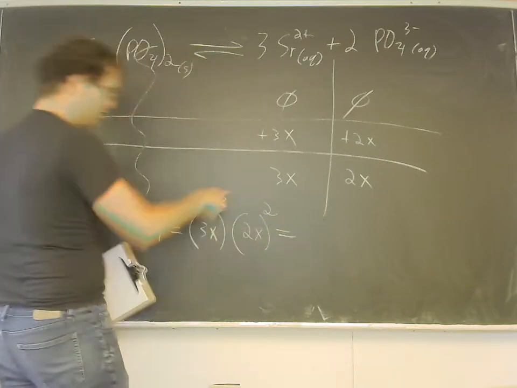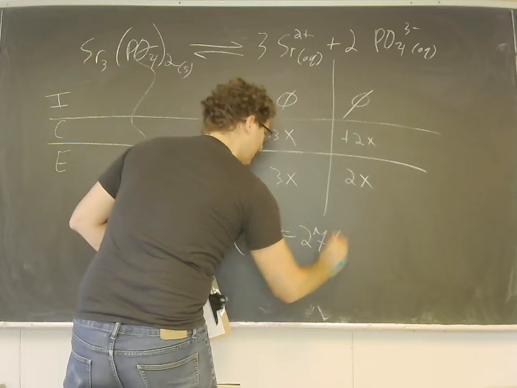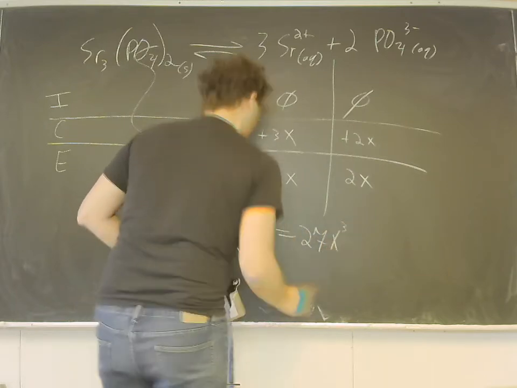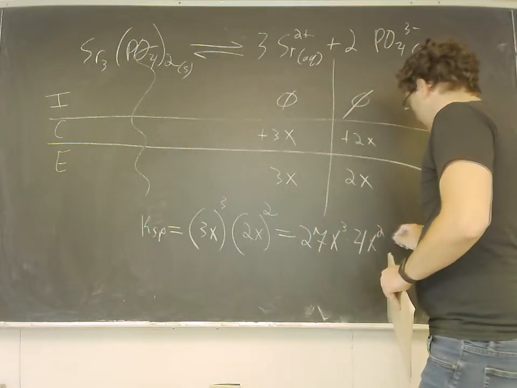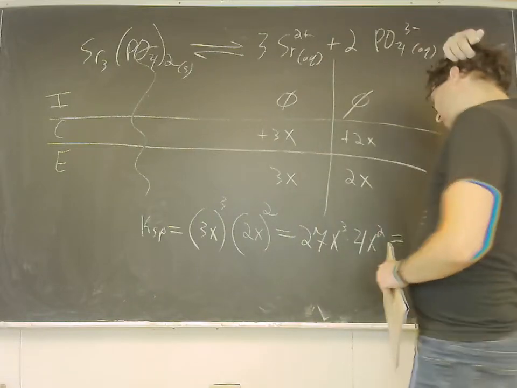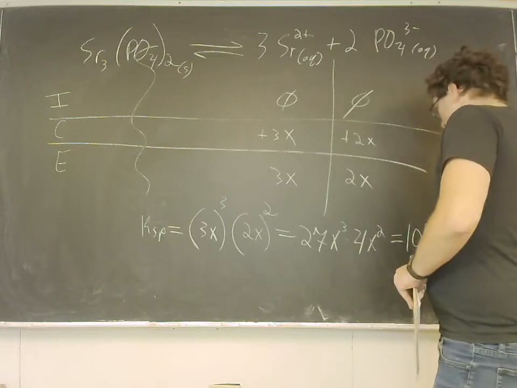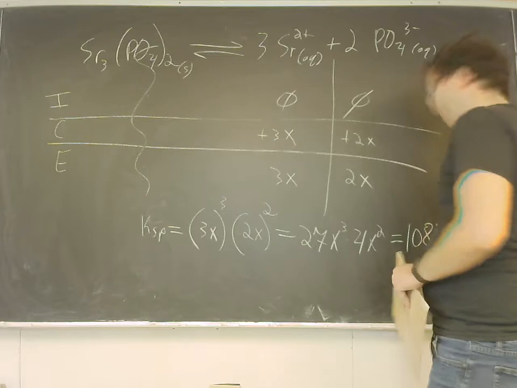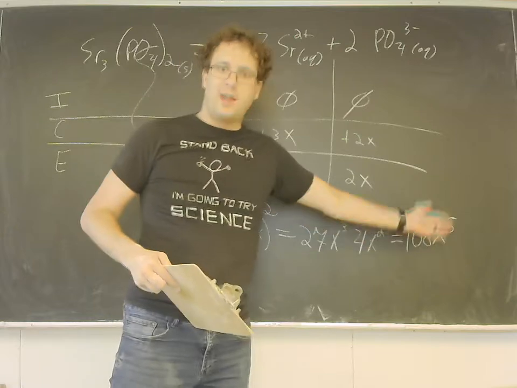We can simplify this a little bit. We'll cube the 3, that's 27x cubed. And we'll square the 2, that's 4x squared. And let's see, what's that going to be? 108x to the 5th. And so in the end, the KSP is equal to 108x to the 5th.